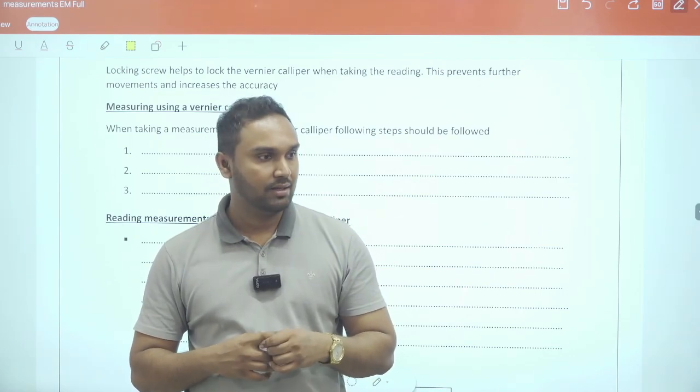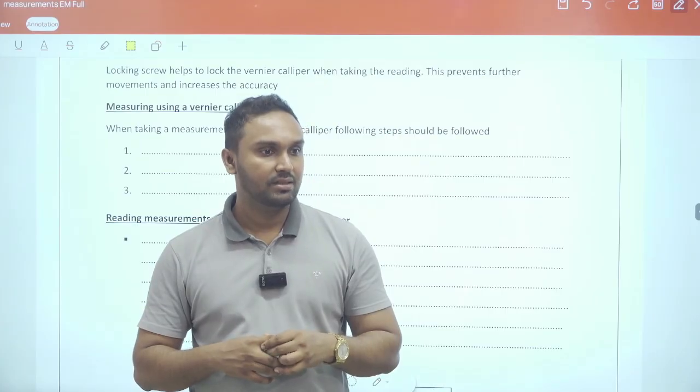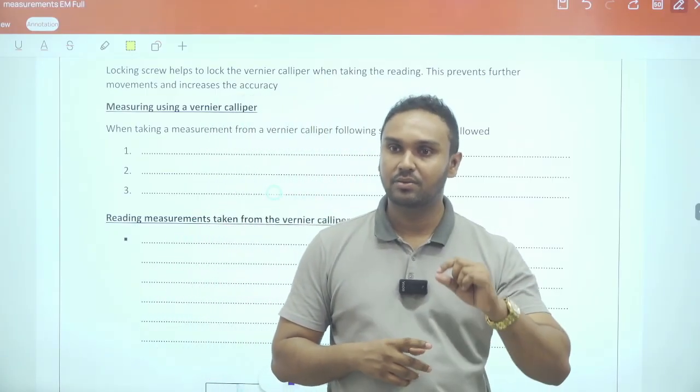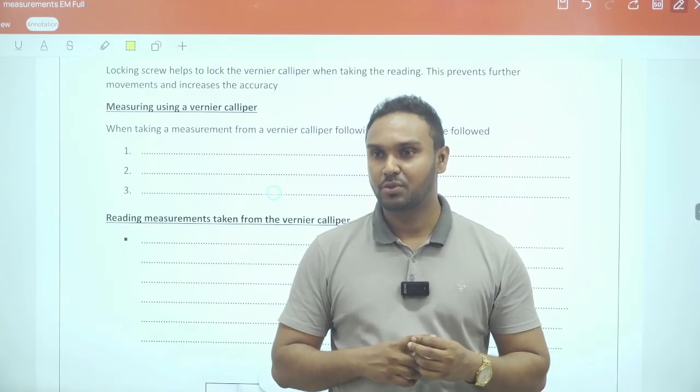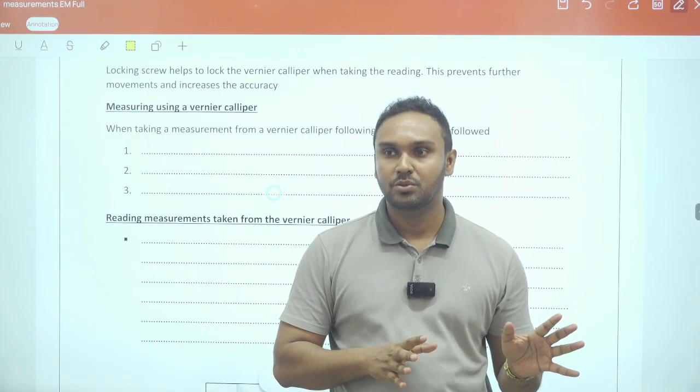You can't tell if the least count is mentioned. Usually they're supposed to mention the least count, but if it isn't, what are you supposed to do?